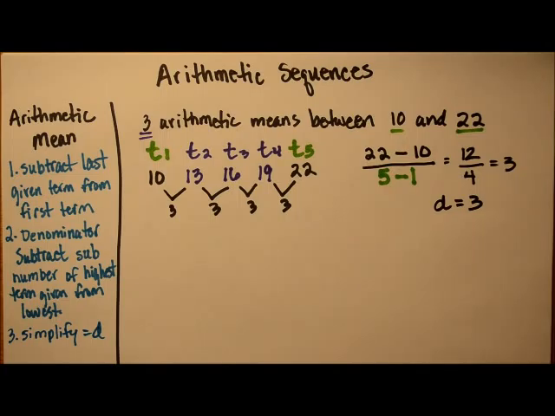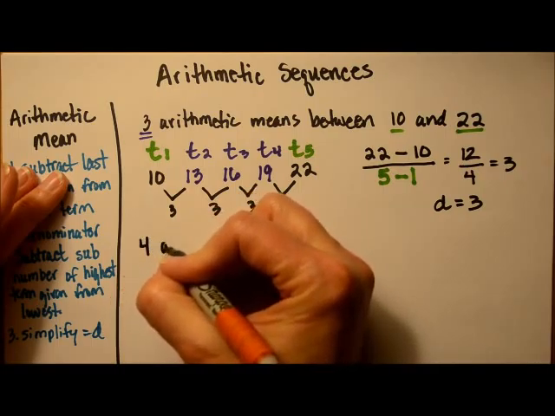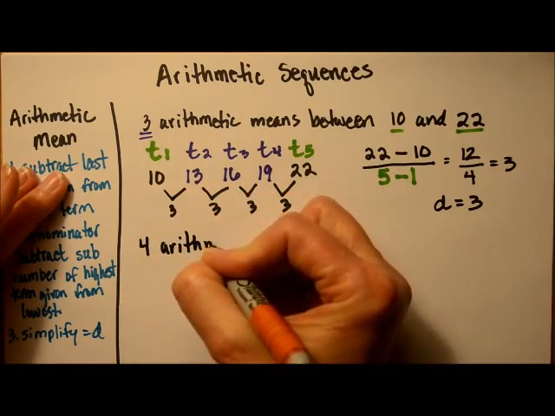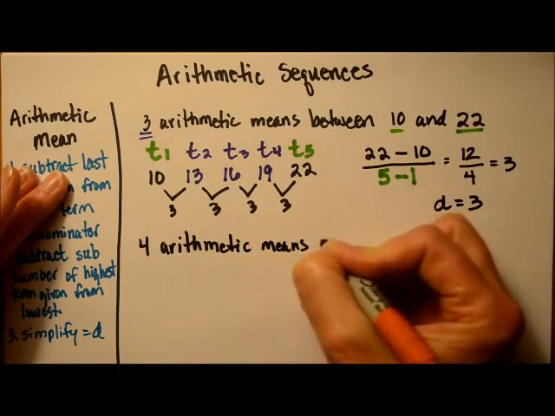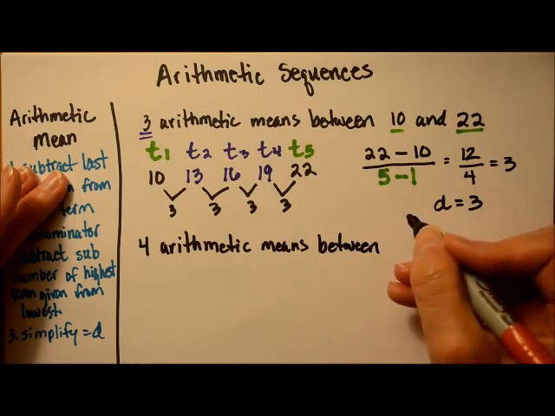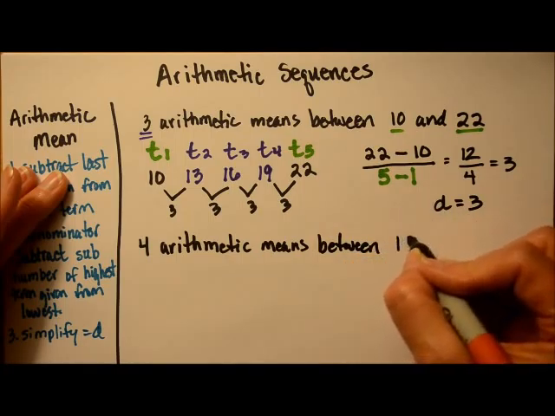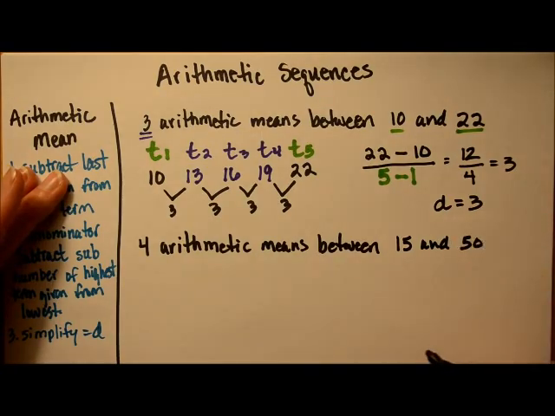Okay, I'm going to have you do one. How about you do 4 arithmetic means between 15 and 50.